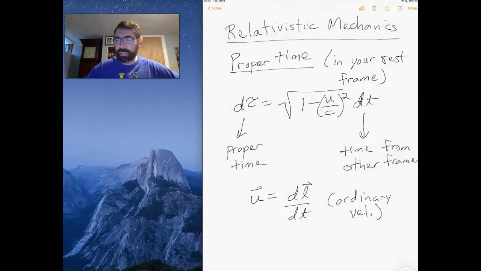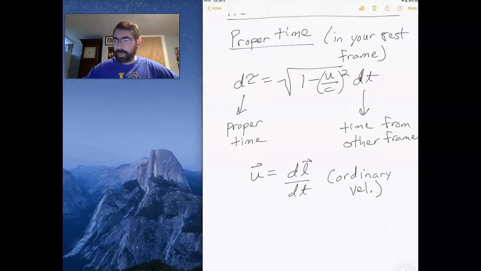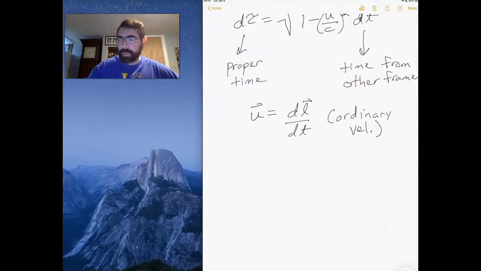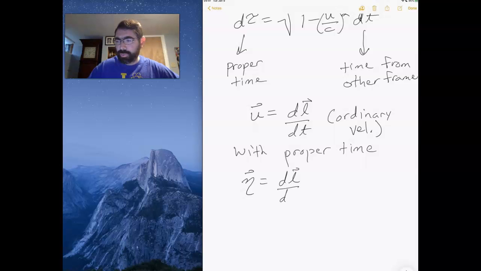So instead, what I can do is measure speed with the proper time. And that I'm going to call eta. That is measuring the same length, but now using proper time. And so this is what I would call the proper velocity.